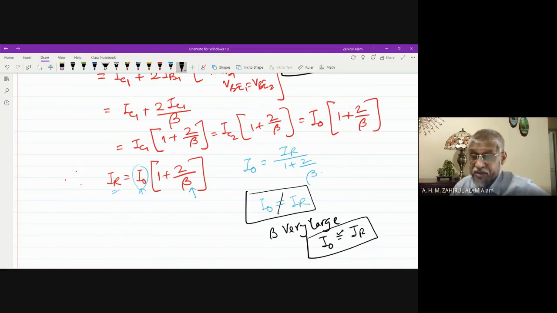Design means we need to find the value of IR, which is known as the reference current, and based on this reference current we can find the rest.